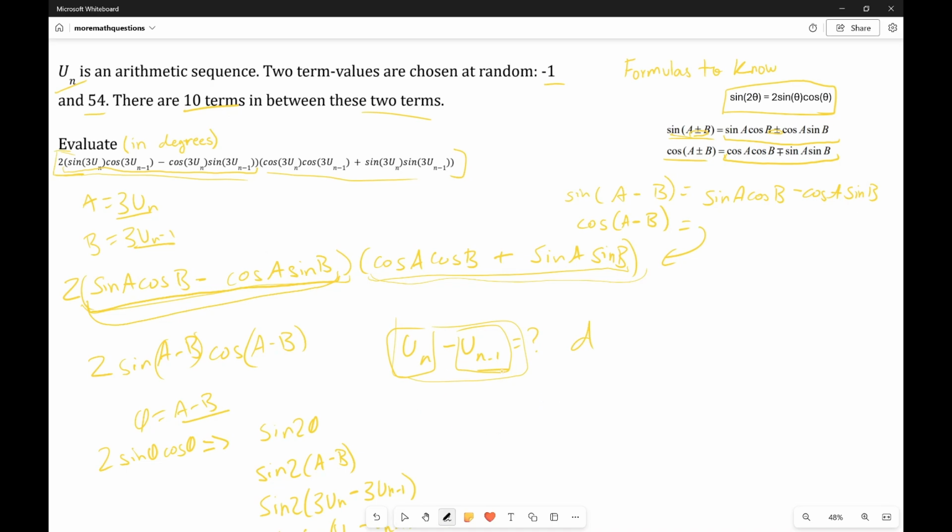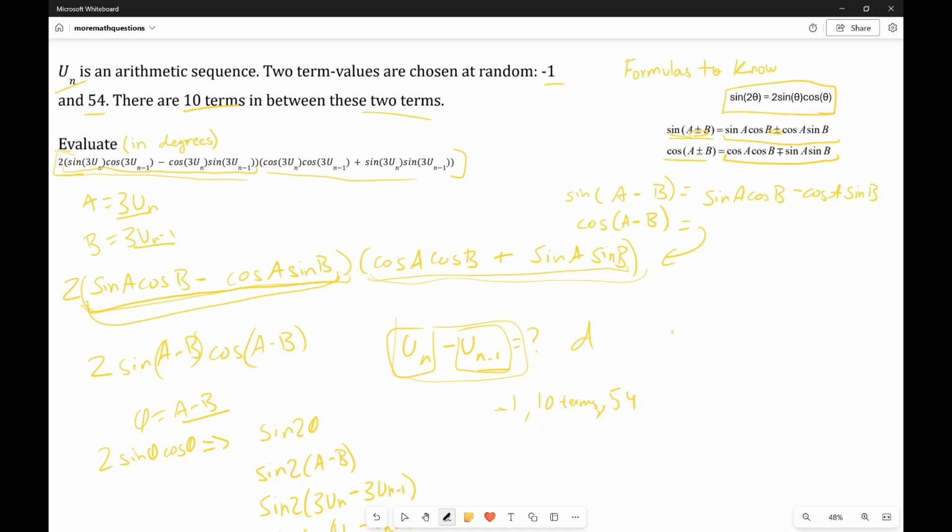Well, we know two of the terms, -1 and 54, and we know that there are 10 terms in between them. So we know that there will be 11 jumps from -1 to 54.